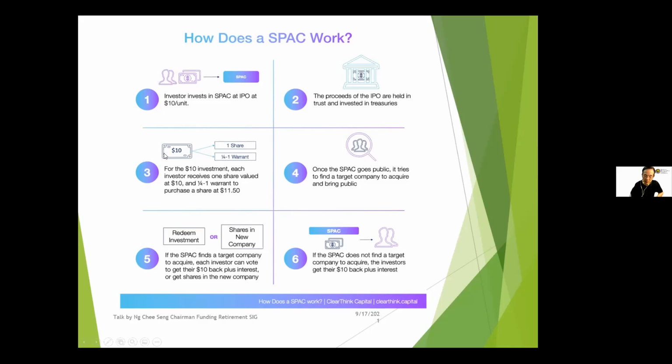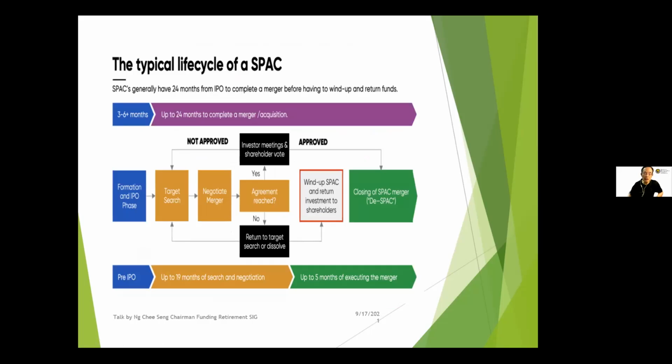In the case of Singapore, later we'll see the structure. Now you will have a look at the typical life cycle of a SPAC. The blue color shows you the time frame that you will go through.